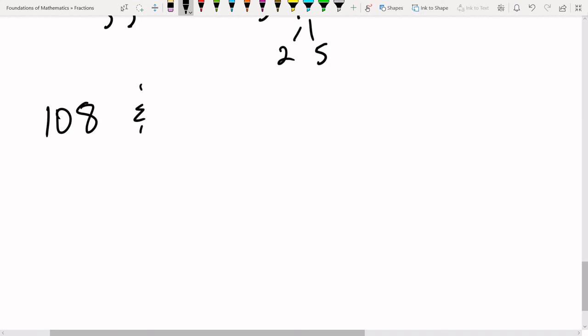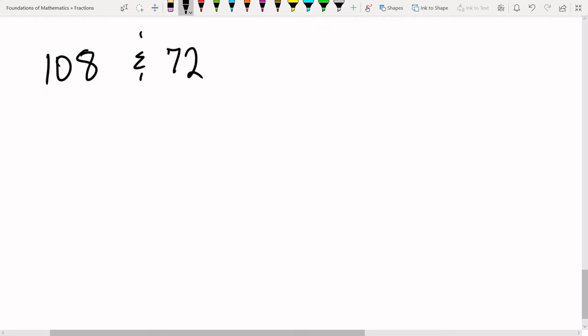108 and 72. These numbers are large, and we might be able to find the multiples pretty quickly, but we can do it even faster probably with the prime factorization.